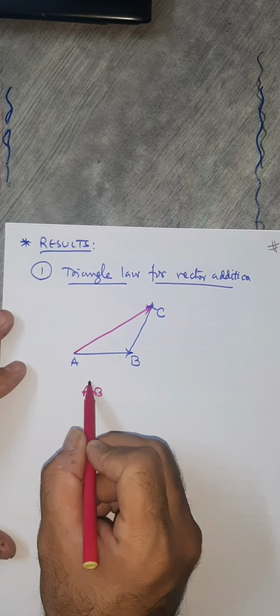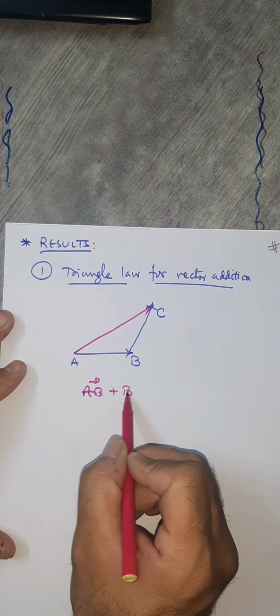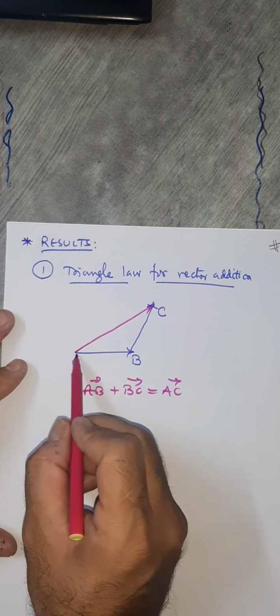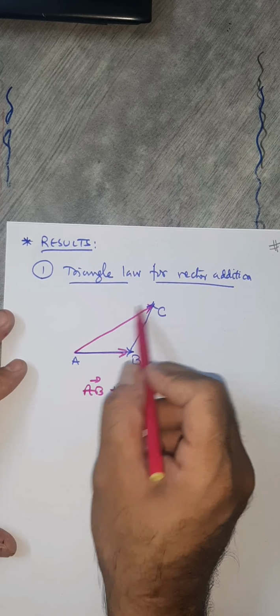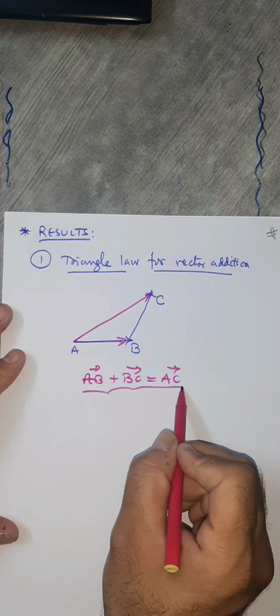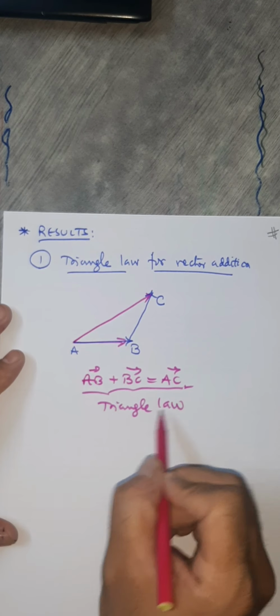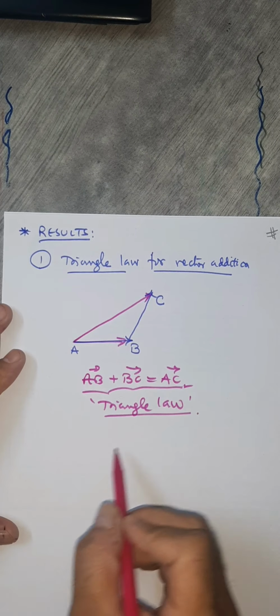So in a triangle, vector AB plus vector BC always equals vector AC. This is known as the triangle law, remember. This is always true in a triangle.